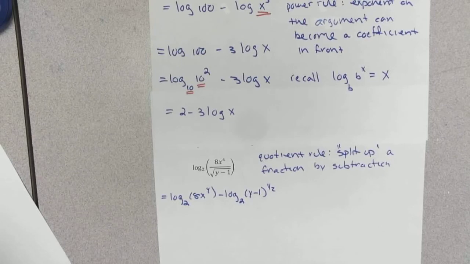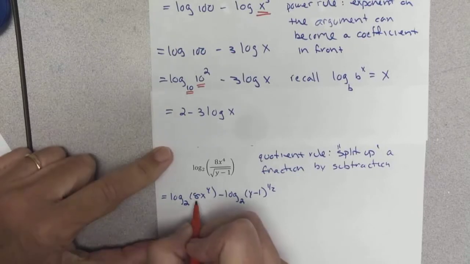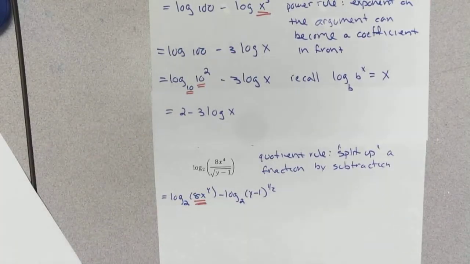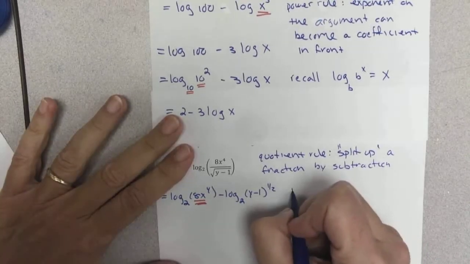And then the reason why I went to an exponent is because logarithms and exponents have relationships. So anytime I have a radical and I'm dealing with logarithms, I'm going to go ahead and rewrite it with an exponent because logarithms and exponents have a very concrete relationship. Still just doing one step at a time, I'm going to look at this argument right here. And yeah, when you're doing your work on your own, you could take more than one step.